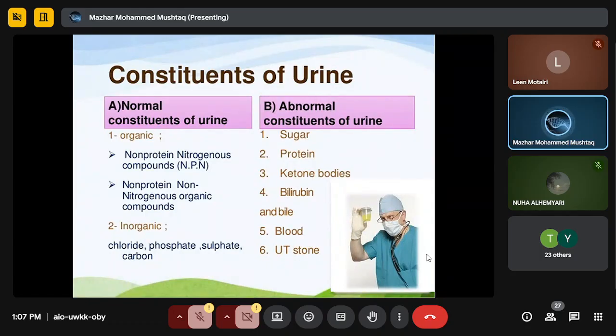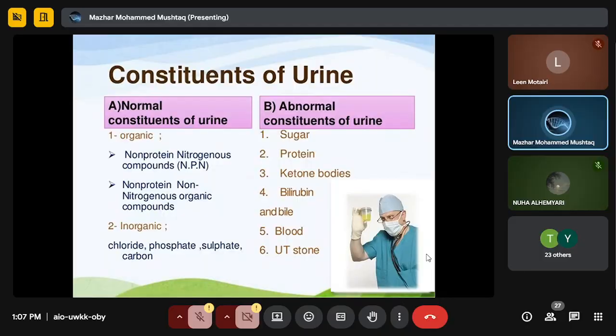Sometimes ketone bodies can be present normally too, but when their quantity is very high, we call it an abnormal constituent. Similarly, protein may be present normally because you have been in one posture for a long time, but if it is continuously present in the urine, that means it is abnormal.